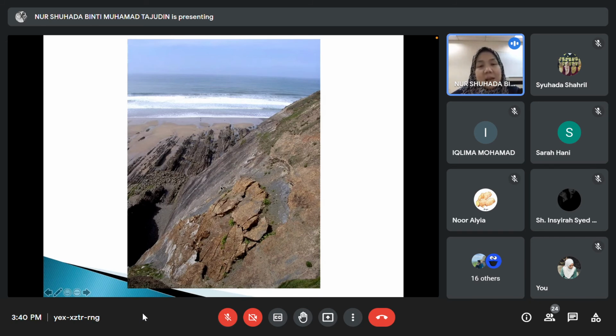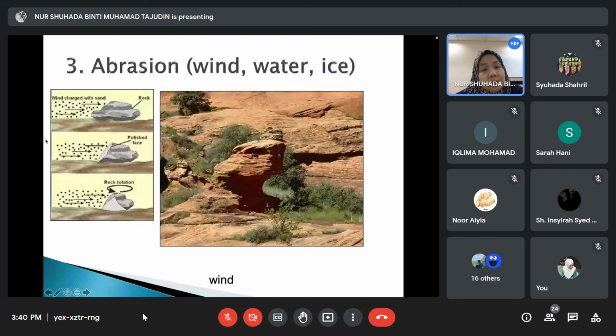We call it abrasion. This process should have either wind, water or ice. When there is wind, the wind will bring away the sand. The wind is strong, it can carry sand, and it collides with the big rock. It hits the big rock, like it is carving the big rock.